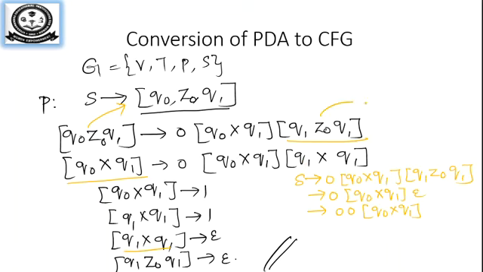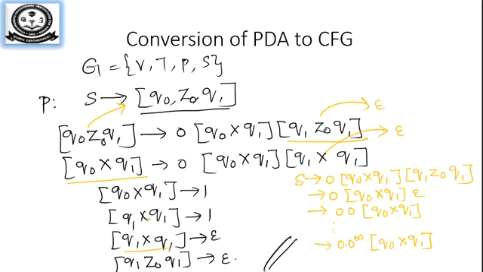So this term and this term tend to epsilon. So these can be done recursively. That means I can derive 0 power m of q0 x q1.